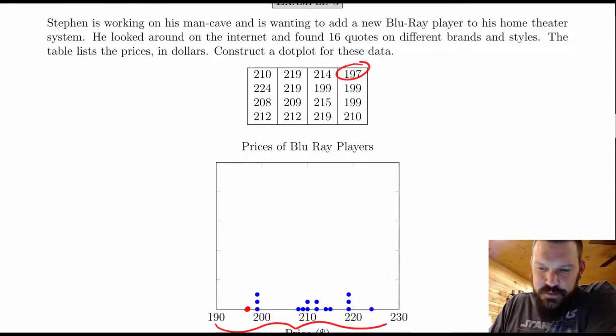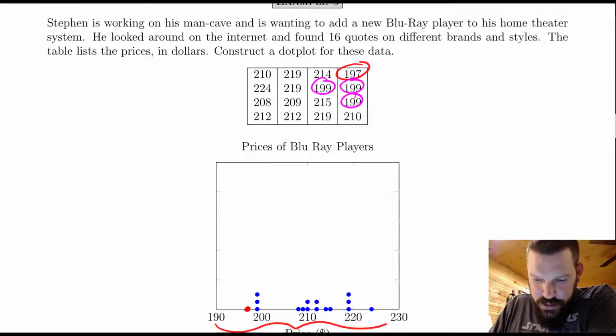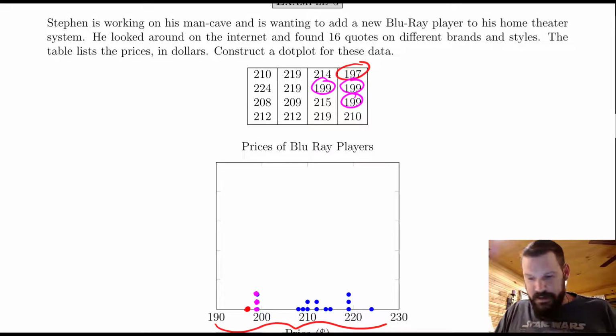The next largest value is 199, and there's three of those. So when I get to 199 on the x-axis, I put one dot for the first value, I put a dot above it for the second, and then another dot above that for the third, and that's all you're doing. You're just putting dots to represent how many times each value occurs, and then we would skip down through there.